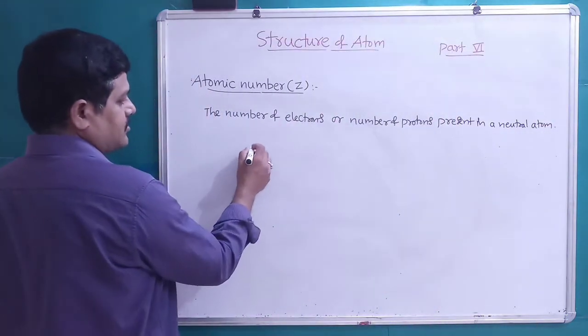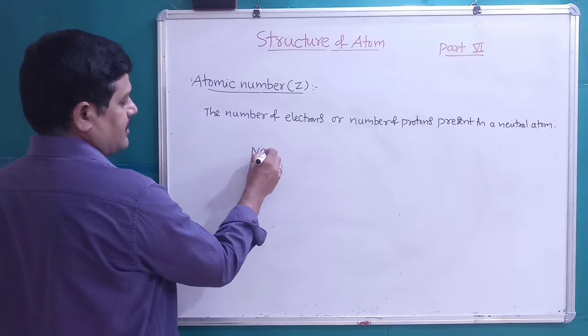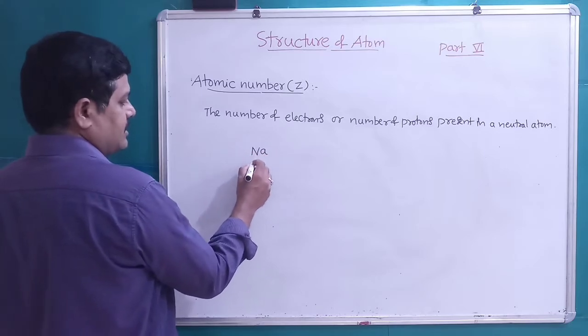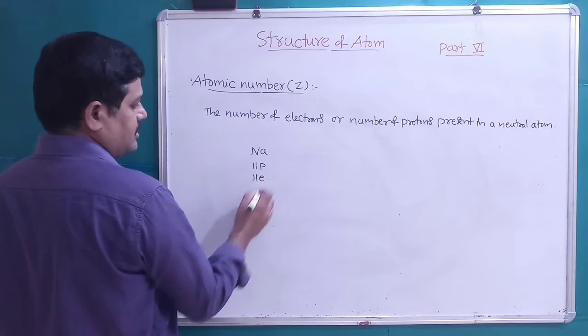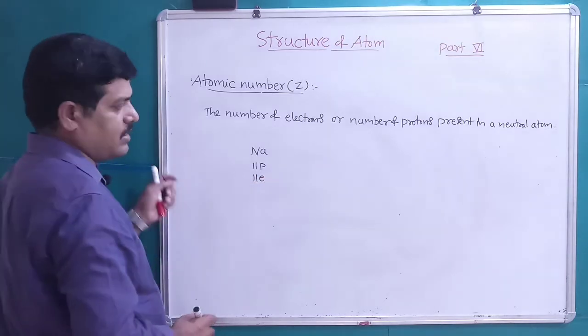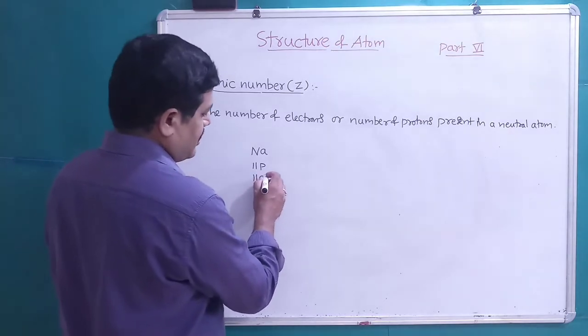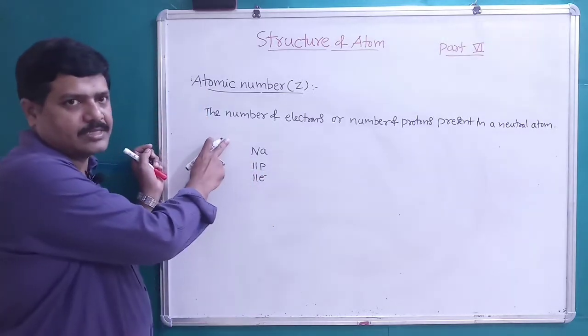For example, students, take sodium. When it is neutral, it has 11 protons and 11 electrons. So for the atomic number, we can take either the number of electrons or the number of protons when it is neutral.